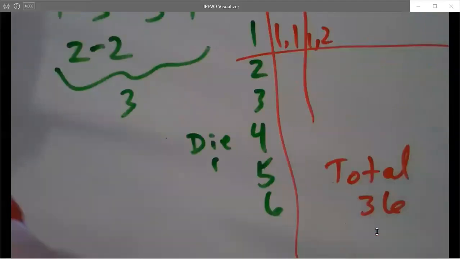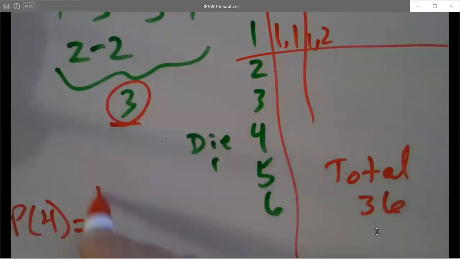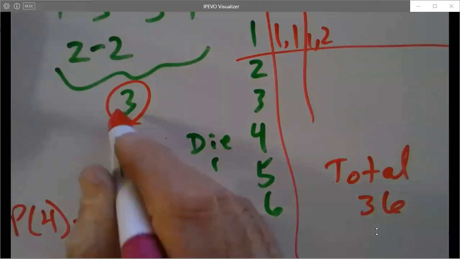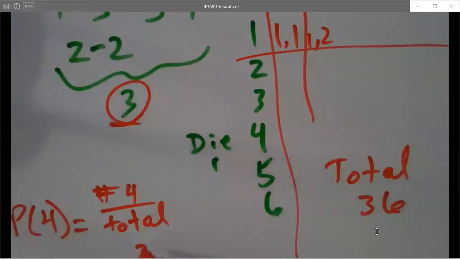So the probability of the sum being a 4 is the number of outcomes that add up to 4 over the total. That's 3 over 36, which can be simplified to 1 over 12.